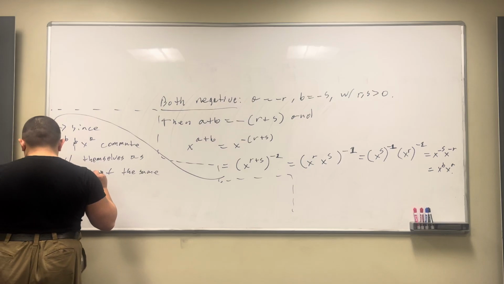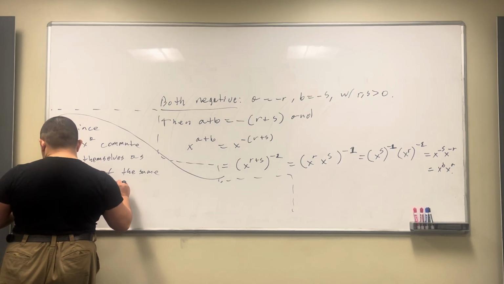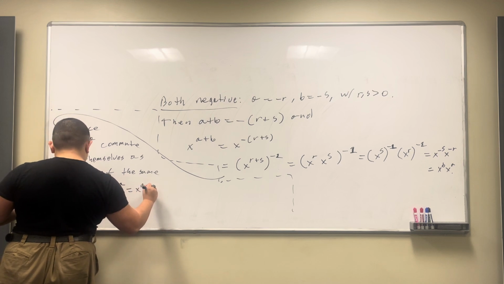Well, we can say that x to the power of b times x to the power of a is equal to x to the power of a times x to the power of b.